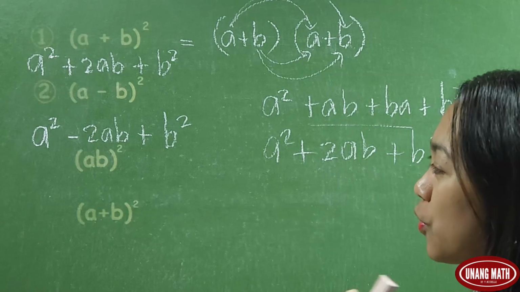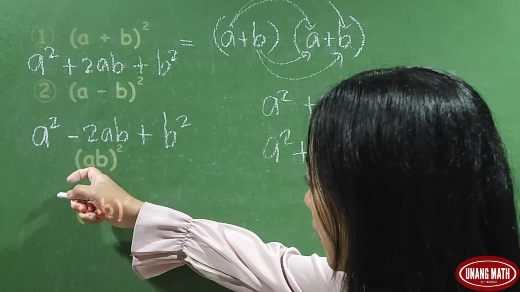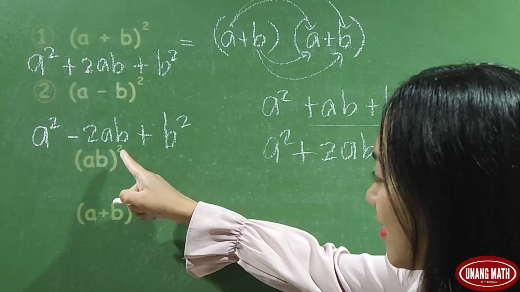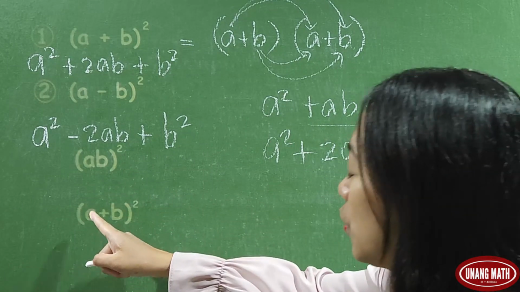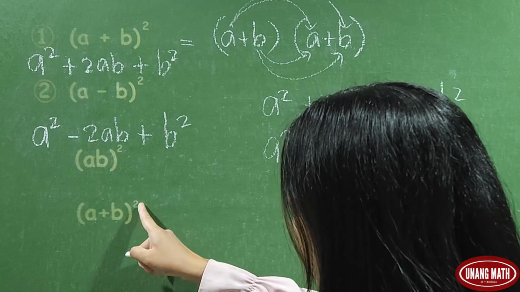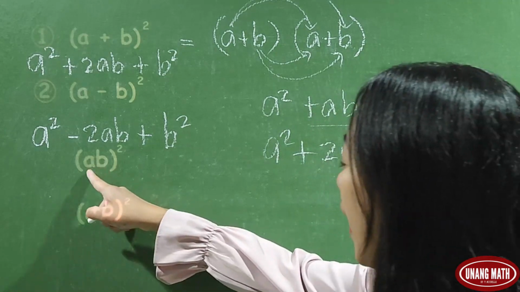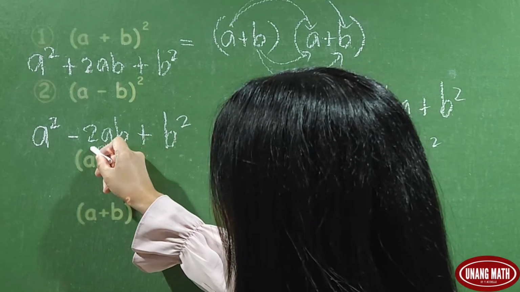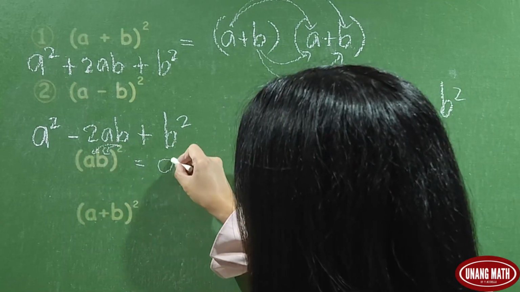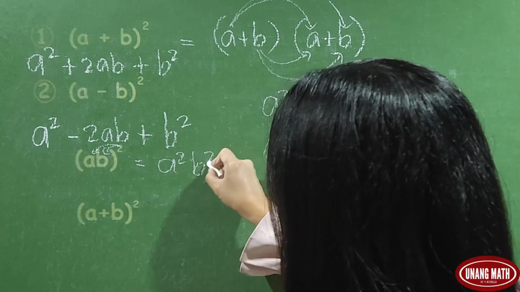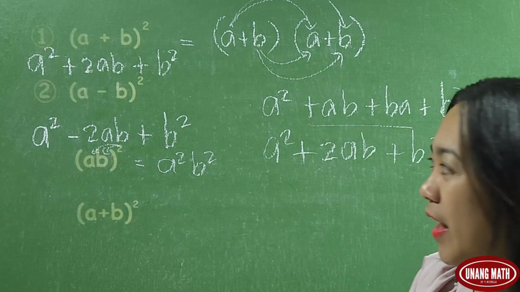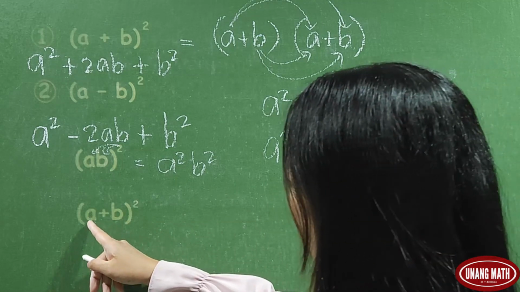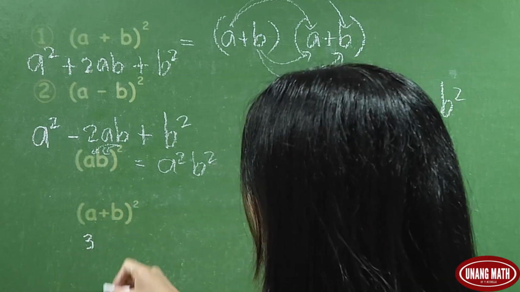Don't be confused in this expression. (a + b) inside the parentheses raised to the power of 2 is not equal to a squared plus b squared. (ab) inside the parentheses raised to the power of 2 means this is a squared b squared. These are not equal or the same. Let's say, for example, a is 3, b is 2.